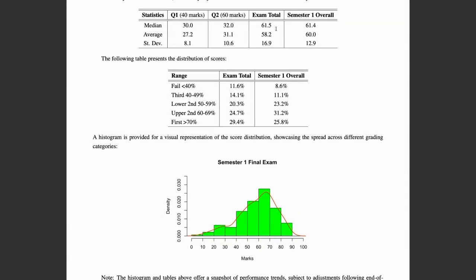I'm really happy to see at least half of you got a 60, because the median is 61.5. That must mean at least half of the class scored a 2-1. And roughly 30% got a first. Even though a lot of you were complaining that econometrics was hard, you rocked it.